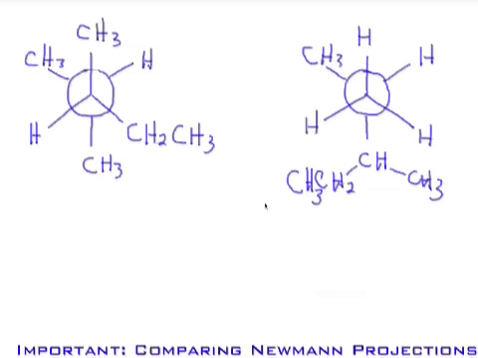Well, let's check. The front carbon here has this ethyl, so I'm going to write it here, CH3, CH2. And the ethyl's attached to a carbon that has a CH and a methyl.